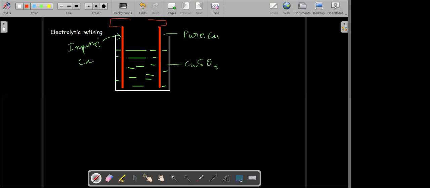So the impure copper electrode, we make it the positive electrode. We also call it the anode. The pure one is made the negative electrode. Now see, you clearly need to see how the process occurs. In the solution, as you know, we have taken a solution of copper sulfate.